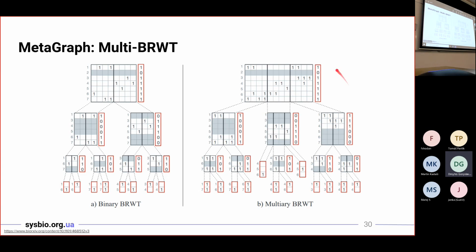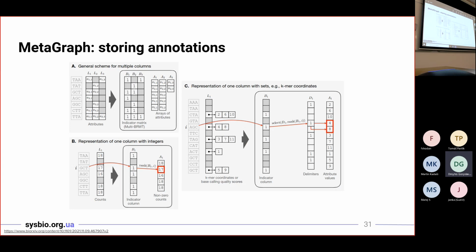I will not get into details of this data structure. I will just say that it shows some improvement in compression performance over the basic BRWT, and it is actually used in MetaGraph to compress those binary relations.